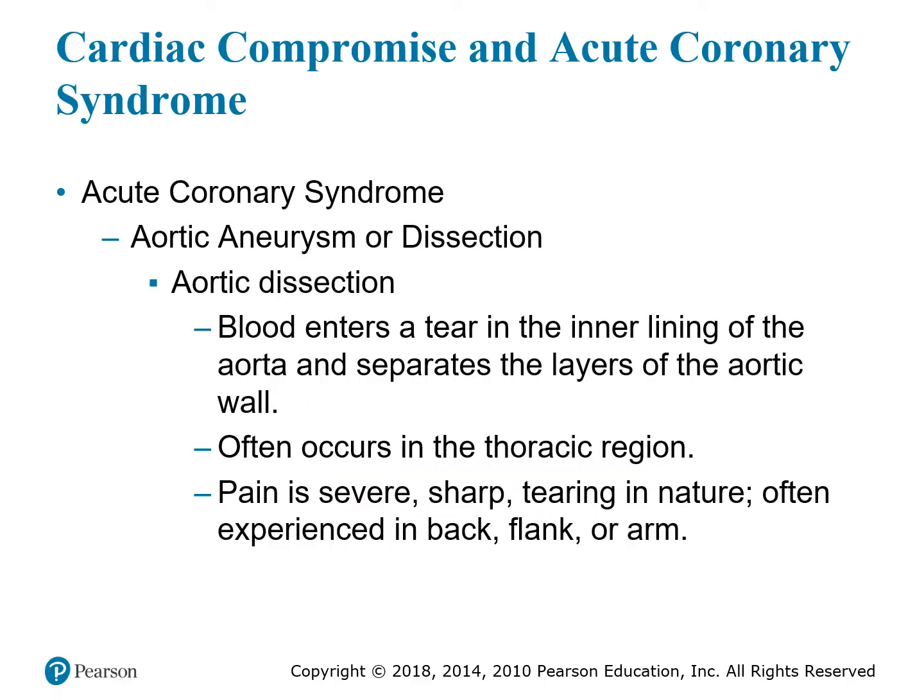When we talk about aortic dissection, dissection is when there's a tear in the inside wall of the aorta. And so as blood pumps through that aorta, it starts to separate or gets in between the tear, making it worse. When it's occurring, patients describe it as a severe, sharp, tearing pain that goes through to their back, or I guess it could also involve their flank or arm.